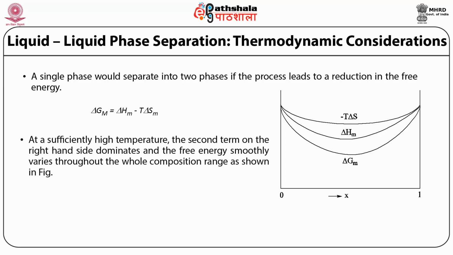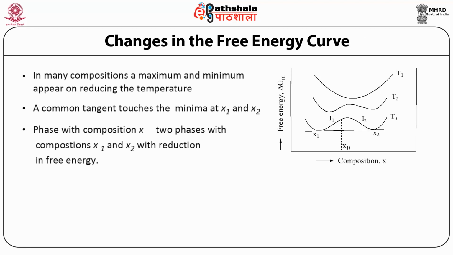At a sufficiently high temperature, the second term on the right hand side of this equation dominates and the free energy smoothly varies throughout the whole composition range. If the first term is large and positive, or if the temperature is reduced, a maximum and two minima occur in the delta G versus composition plot as the temperature is reduced below a certain temperature called the upper critical temperature.